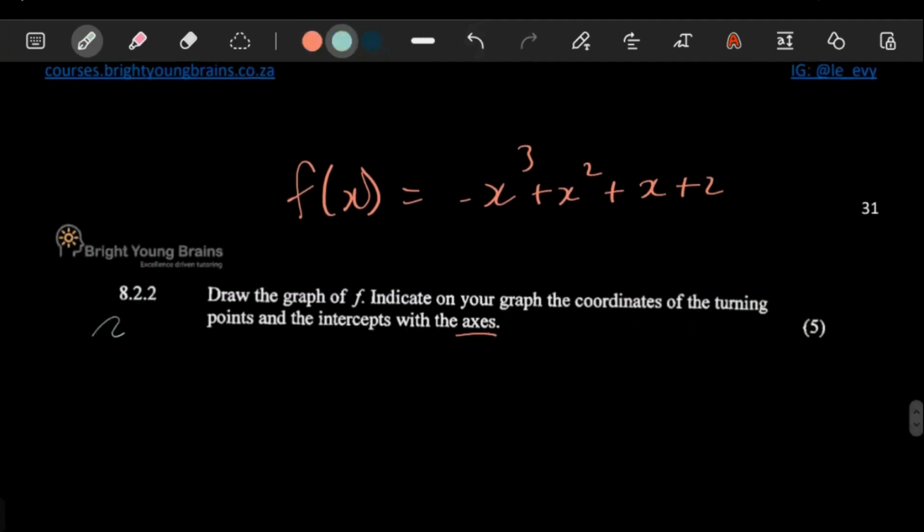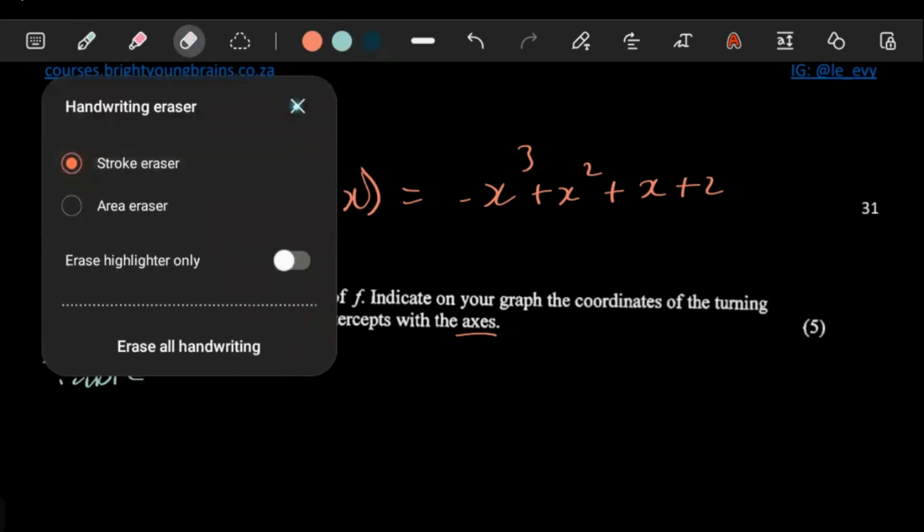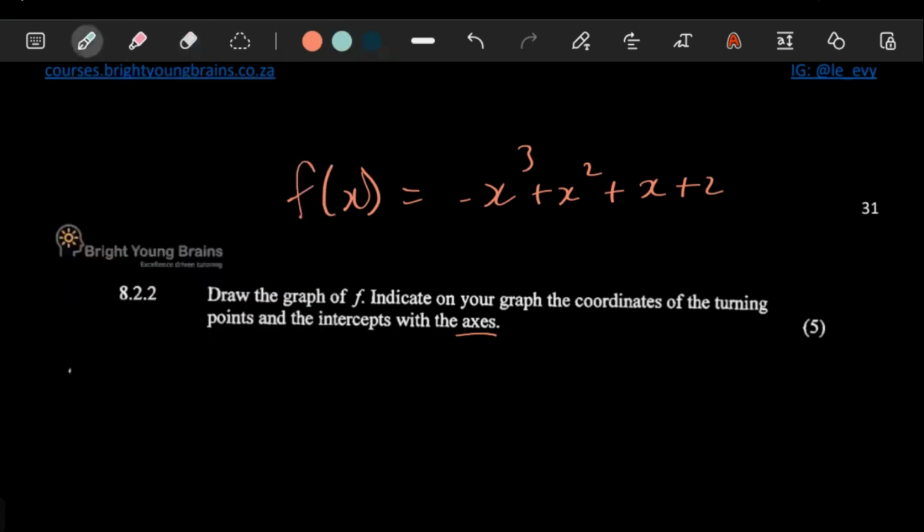In your calculator, you can use the table method. To get the x-intercepts, let's try it out. You can say mode, and then table. Then you put the equation of the graph in your calculator: x cubed plus x squared plus x plus 2, right?